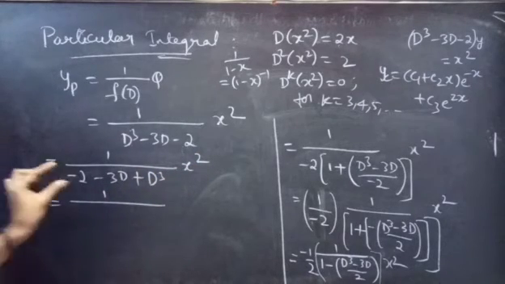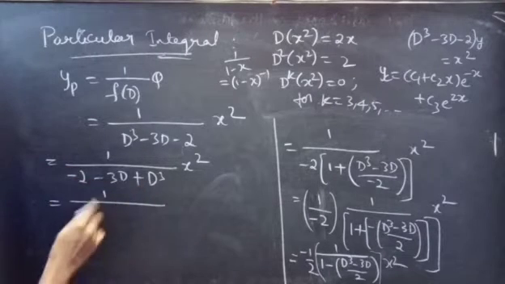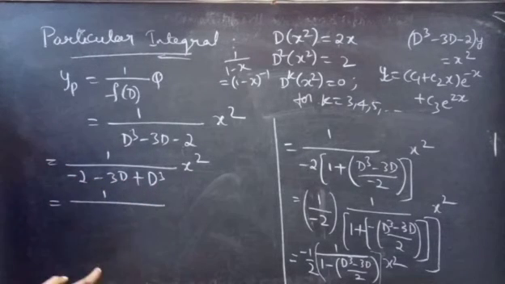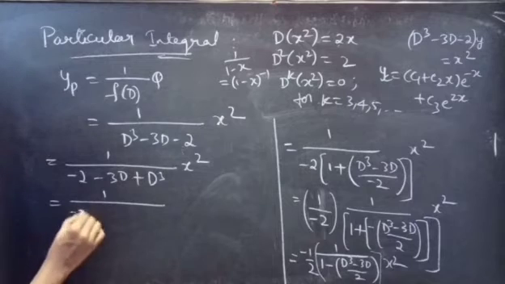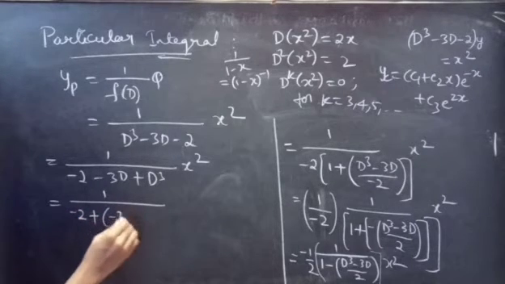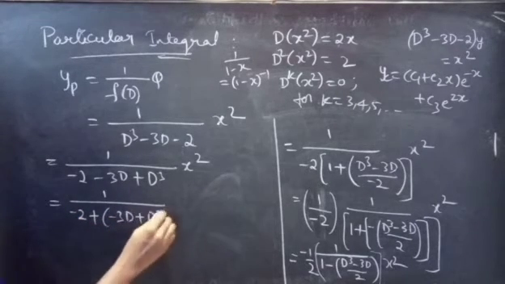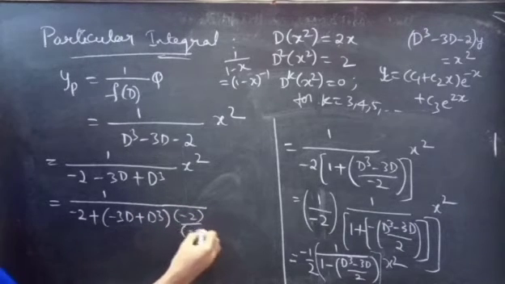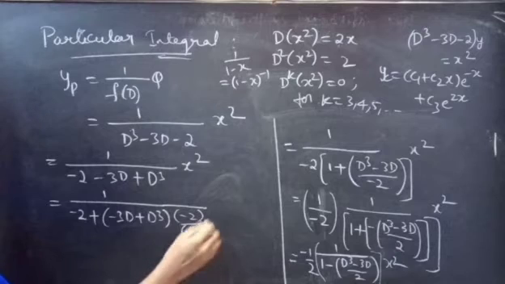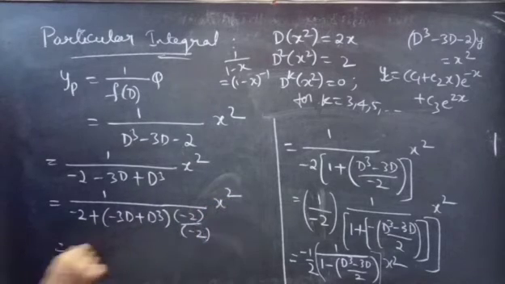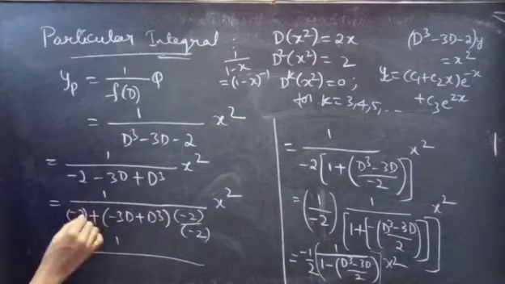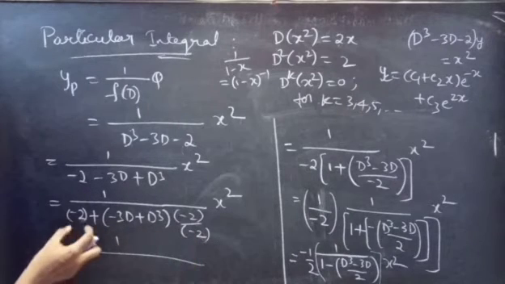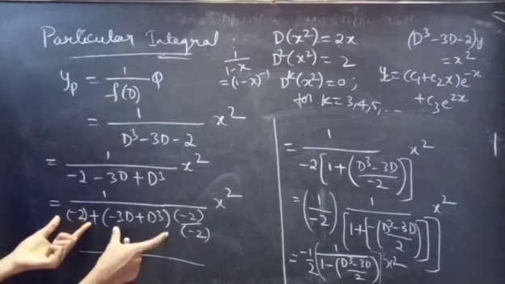Now we need to take minus 2 common from all the terms, right? Since the last two terms don't have minus 2, we'll just multiply and divide minus 2 to the last two terms, right? Now it will be easy to take minus 2 common. So now take minus 2 common from the terms.